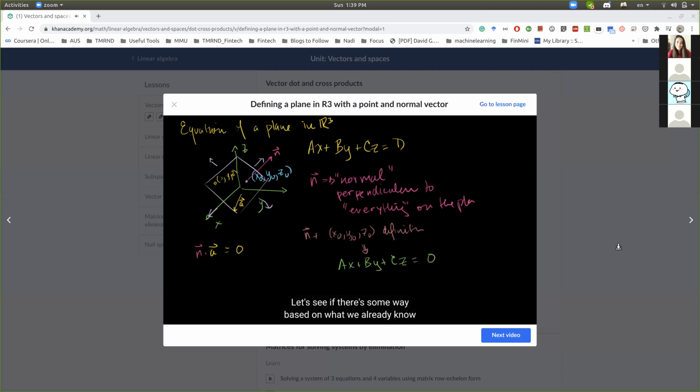Let's see if there's some way, based on what we already know, that we can do that. The way to think about it: this little blue point that lies on the plane, I can specify by a position vector.